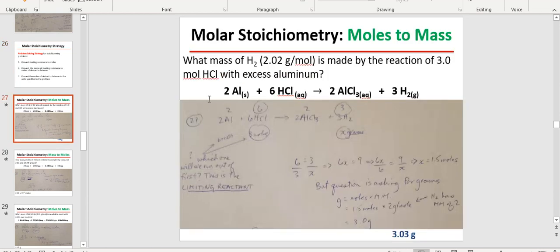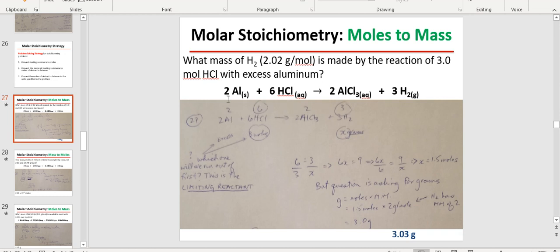Let's have a look here. What mass of hydrogen, which has a molar mass of 2.02 grams per mole, is made by the reaction of 3.0 moles of hydrochloric acid with excess aluminum? So here's our chemical formula. We write it out. There's our molar ratios already done.